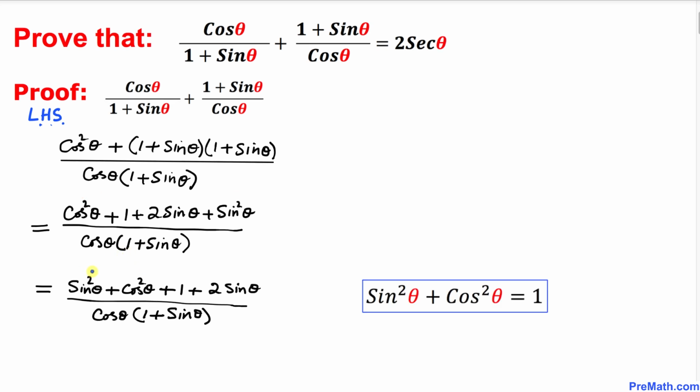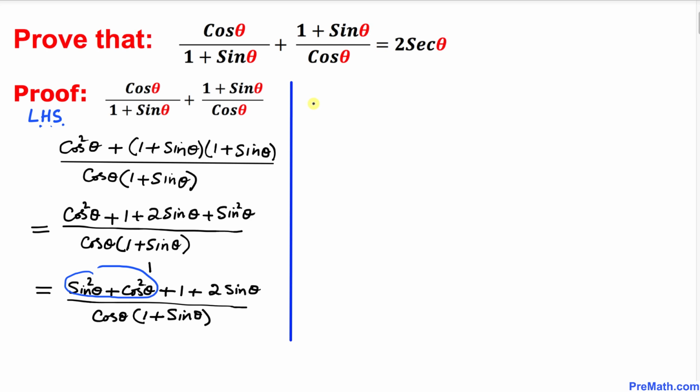And now let's focus on this sine square theta plus cosine square theta. This is always equal to 1 because this is a very famous identity. So therefore, sine square theta plus cosine square theta could be replaced by 1.